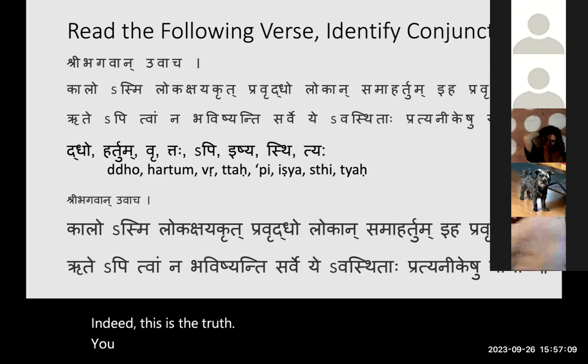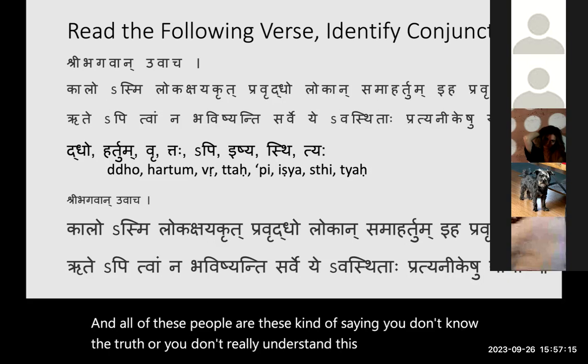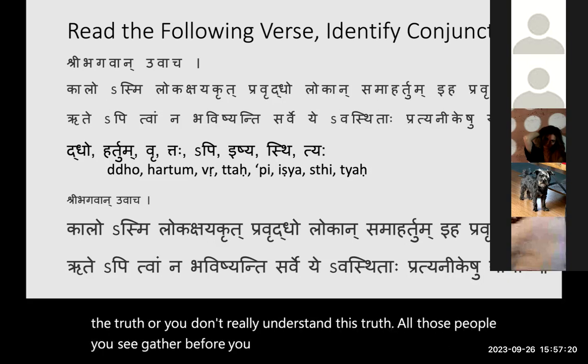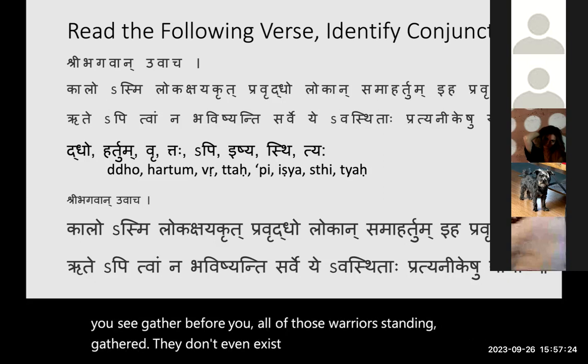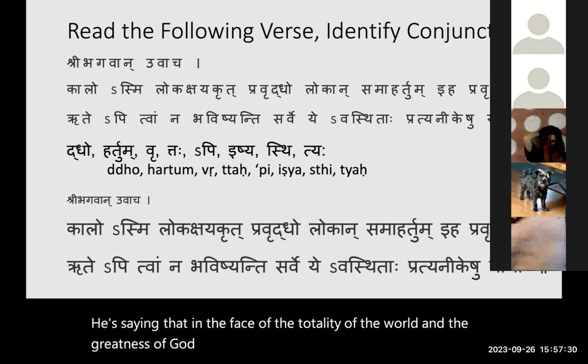He's kind of saying, you don't really understand this truth. All those people you see gathered before you, all of those warriors standing gathered, they don't even exist. He's saying that in the face of the totality of the world and the greatness of God, they're already dead.